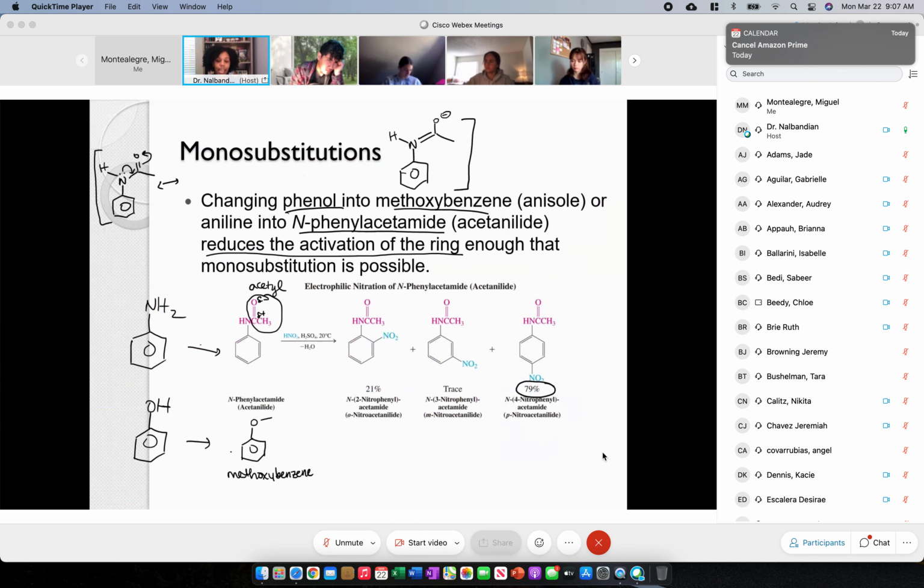We are only going to add it to just the ortho or just the para position. So in order to do the monosubstitution, we have to change our phenol and our aniline into other compounds so that we can do just this monosubstitution. Questions on that?